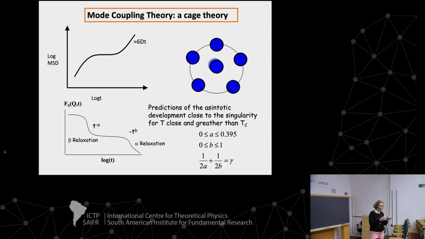The other possibility is that you run a molecular dynamics simulation, or you measure in an experiment the density correlator, and then you do this fit, a test of the theory by matching this exponent, and then I will show you there's another test, which is the von Schweidler test. Then you know that the theory works, okay? Because you calculated or measured the correlator, and then you just test the theory through its prediction.